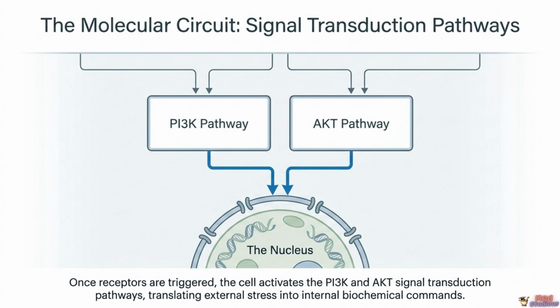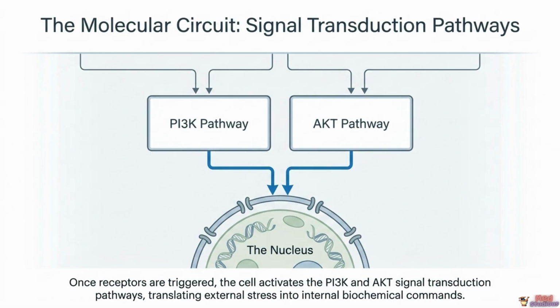The activated receptor on the cell surface triggers the enzyme phosphoinositide 3 kinase, better known as PI3K. PI3K then phosphorylates and activates the serine threonine kinase AKT, also known as protein kinase B. Once activated, AKT acts as a master regulatory switch, initiating a cascade of downstream effects that collectively promote protein synthesis, inhibit protein degradation, and drive cell growth.